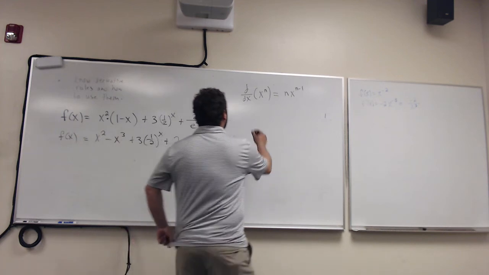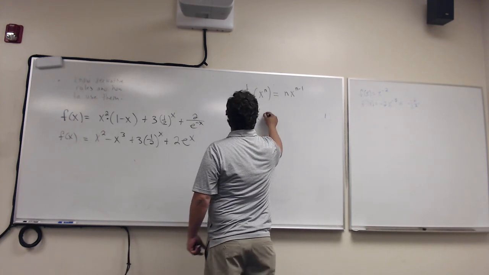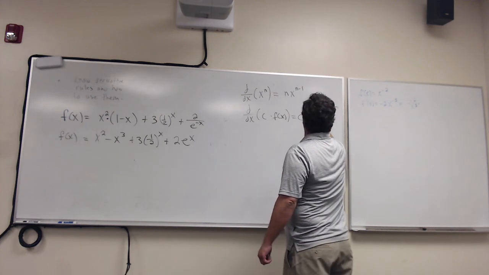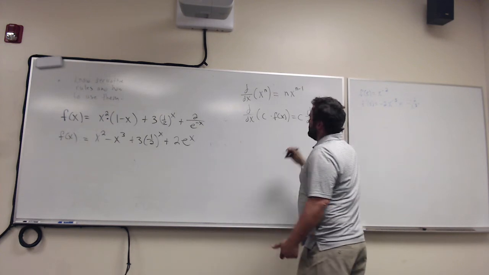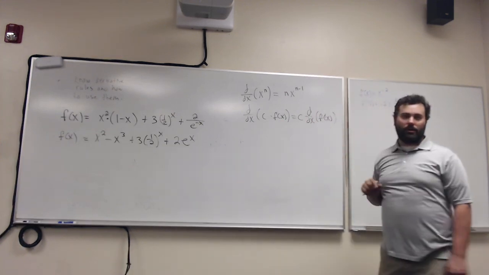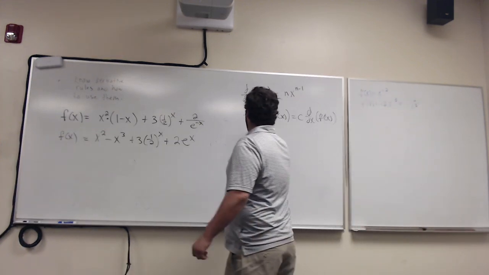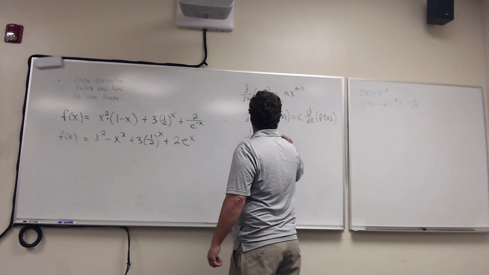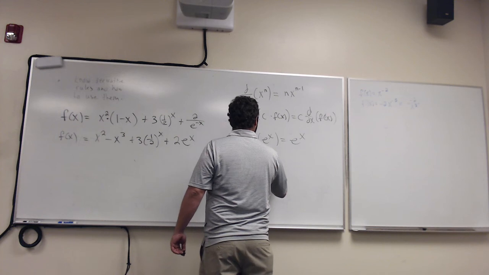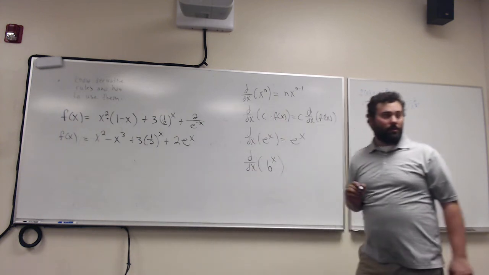So there's power rule. You've got the constant multiple rule, which means if you have the derivative of a constant times a function, you just take the constant times the derivative. The derivative of e to the x we saw as just e to the x. And then who remembers this one? General base.